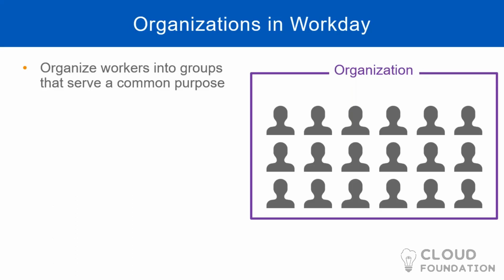So these are different groups of workers, and the groups have been made in a way that workers who are serving a common purpose are put in the same group. That is why organizations are needed within a company. You have to organize workers into subgroups. That is the whole purpose of having organizations.